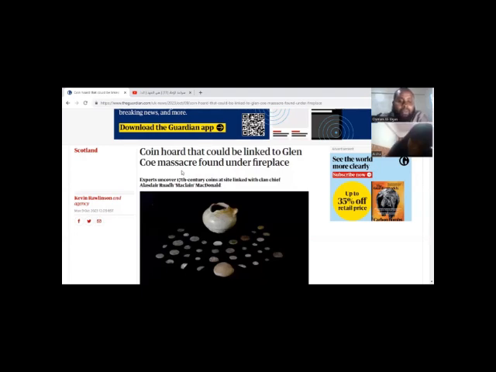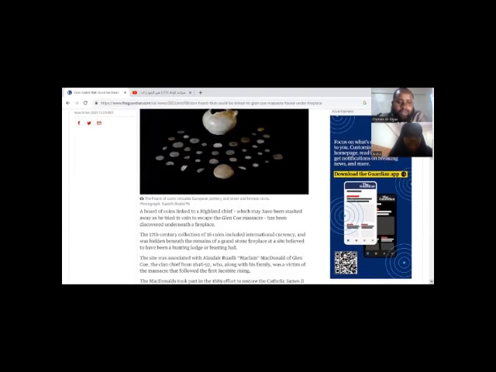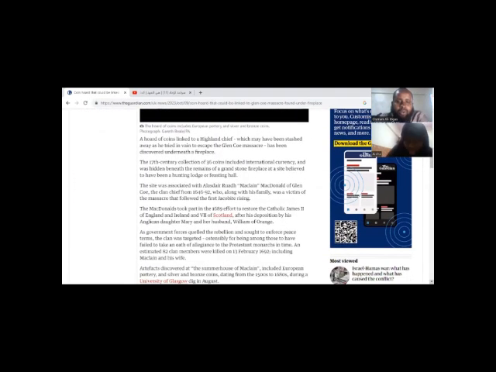So read this article, and at the end of it, you should be able to tell me what the Glencoe massacre was. That's an example of scanning. So we're going to scan this article, and all we want to know is what was the Glencoe massacre. A massacre is when a lot of people die. So here we go. Take your time, read quietly, look at the article, and quickly try to get the information as to what the Glencoe massacre was.